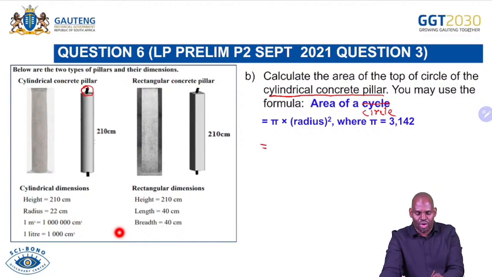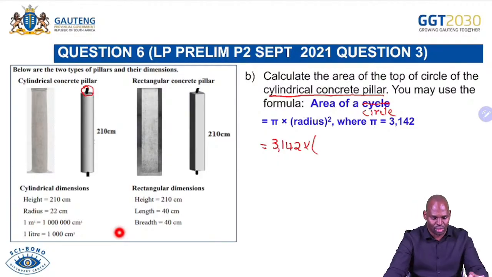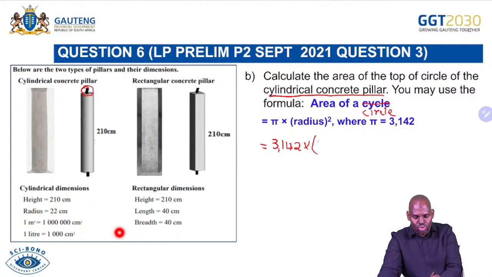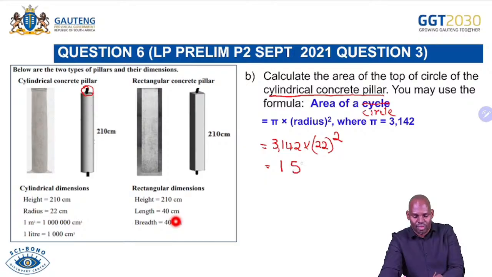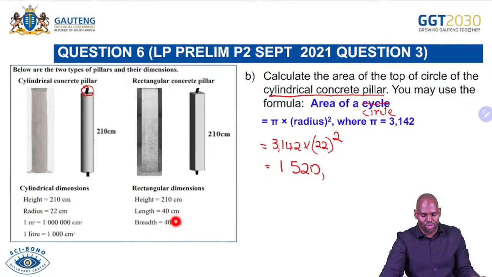So we say 3,142. If we do the substitution, then times, do we know the radius? Okay, the radius is given there, it is 22. So it's 22 squared. So we say 3,142 multiplied by 22 squared. So the answer is 1,520,728.